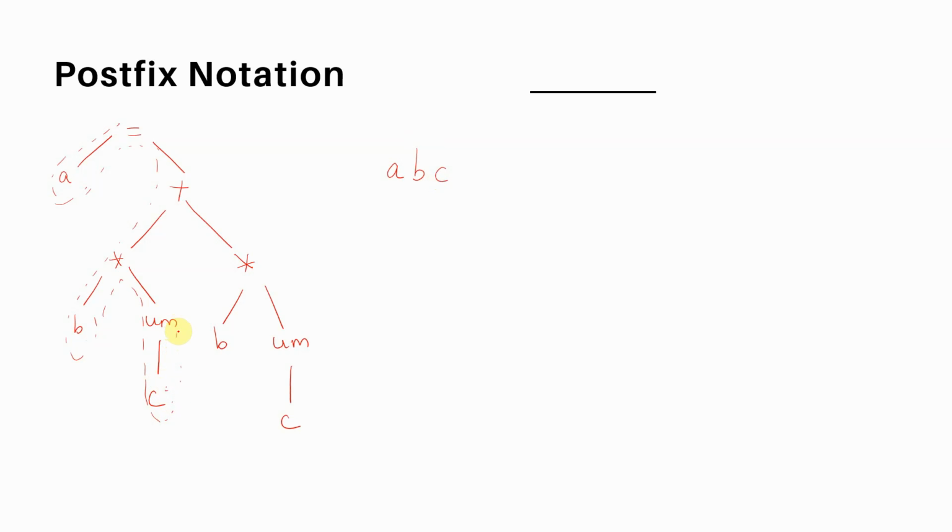Now when you reach at this point, you encounter U minus, so I'll note this U minus. Then when you reach on top, you encounter multiplication, so I note down that. Again go on top, come down, again come here, you encounter B. Again come on top, come this side, come down, you encounter C, so note it down. Come on top again, you encounter U minus.